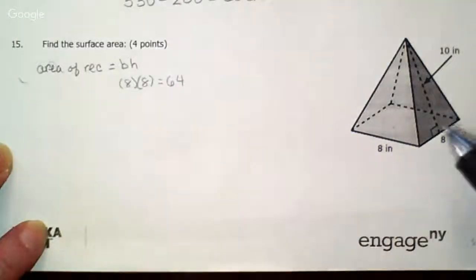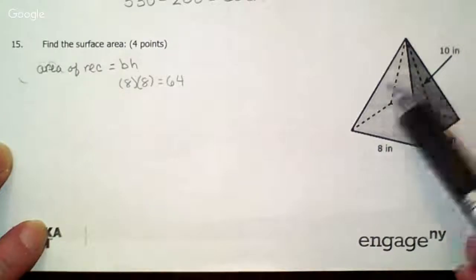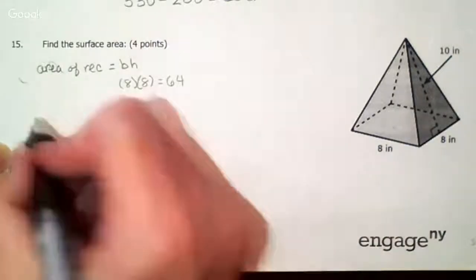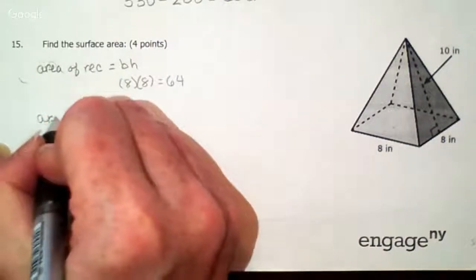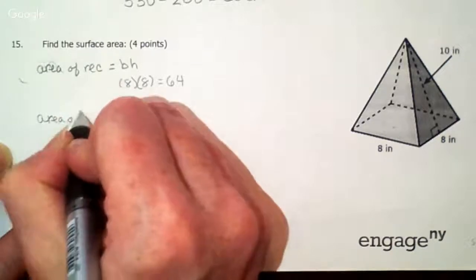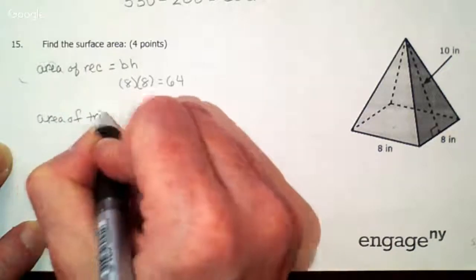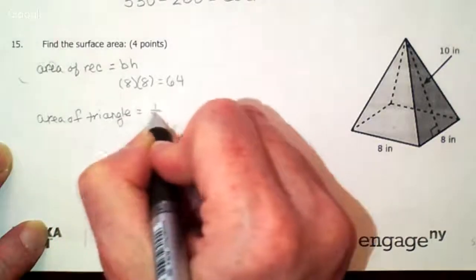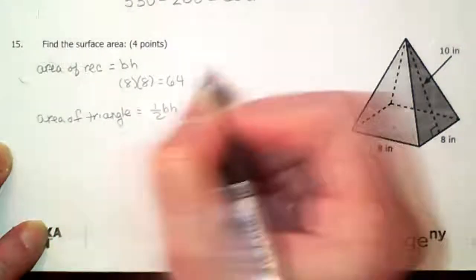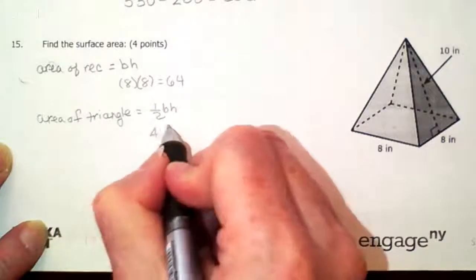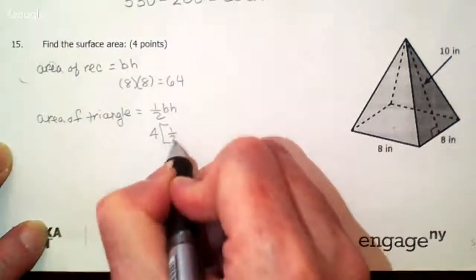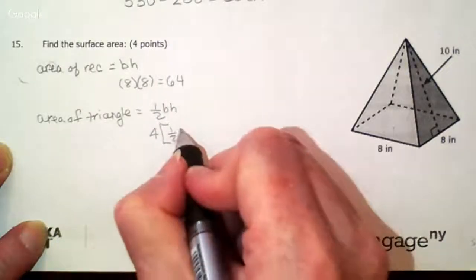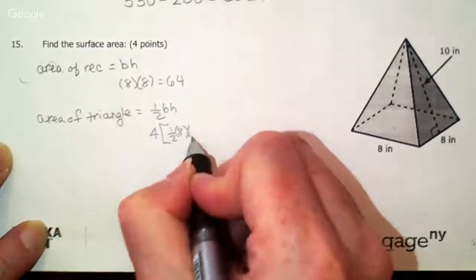And then the area of our triangles, which we have 4 of them, which is 1/2 base times height. So 1/2, our base is 8, our height is 10.